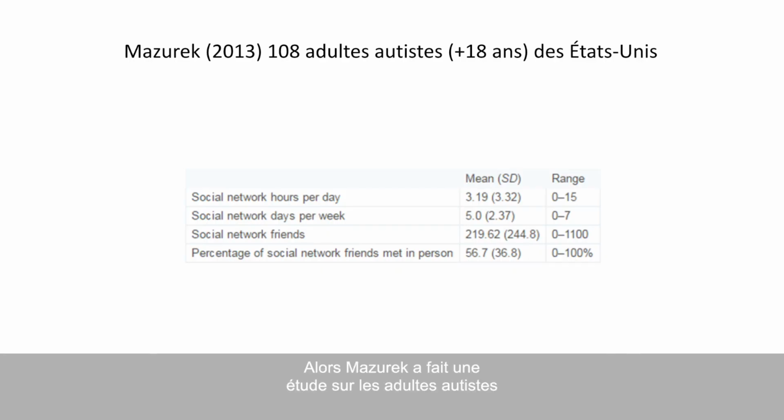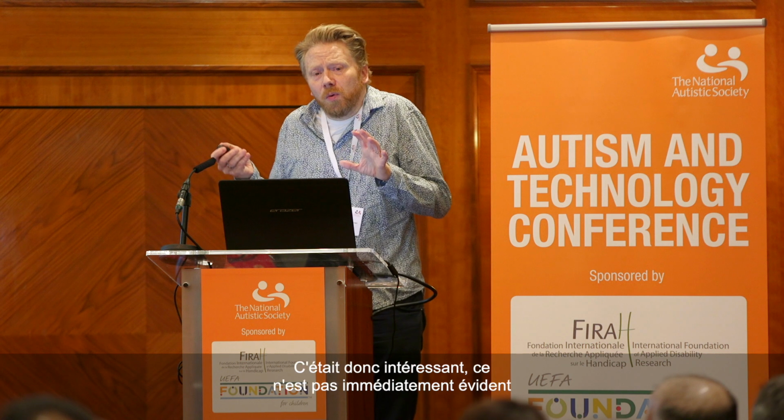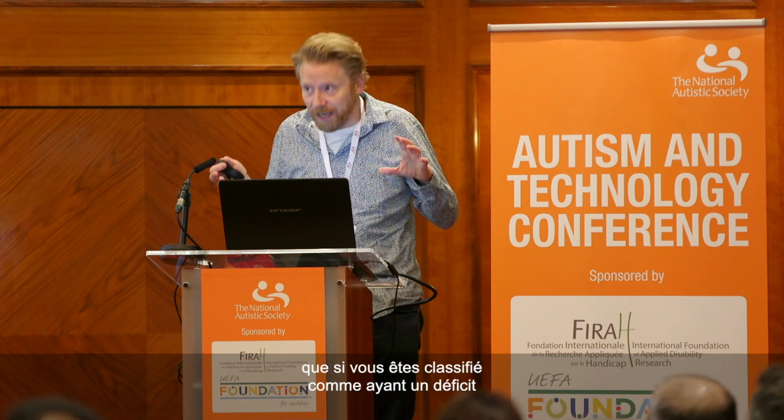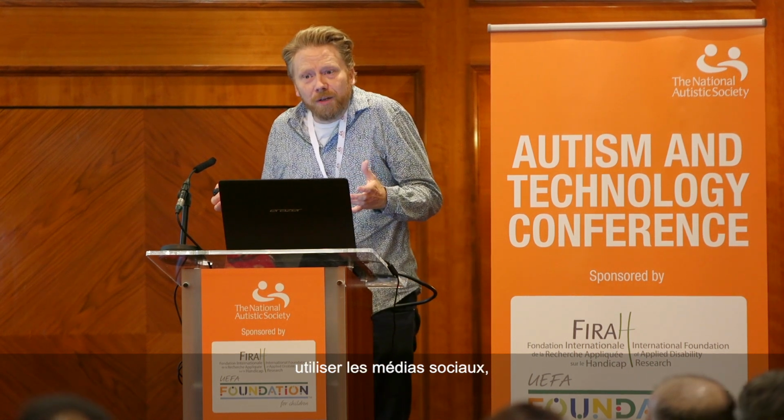So Mazurek did a study looking at autistic adults and asking, well, what do you use technology for? And you can see here that on average, autistic adults were using social networks for 3 hours a day, 5 days a week. So this was interesting. It's not immediately obvious. If you are being characterised as having a deficit in social communication and interaction, would you be using social media?